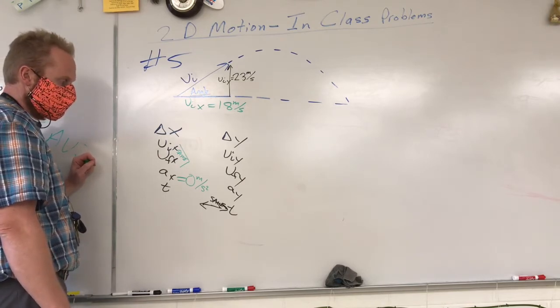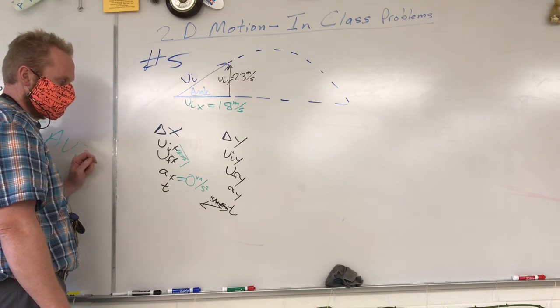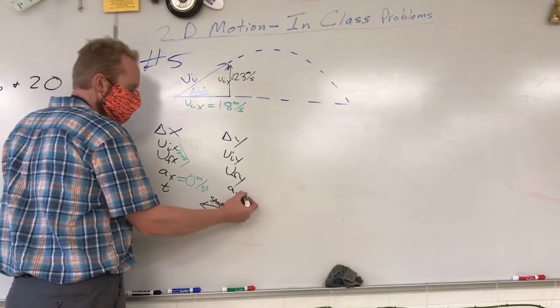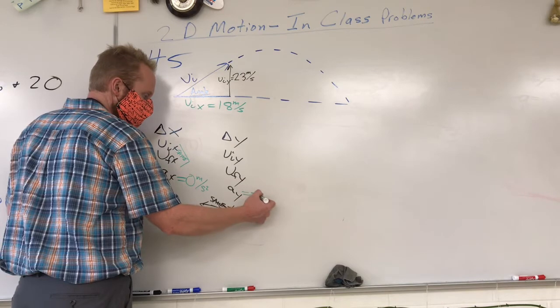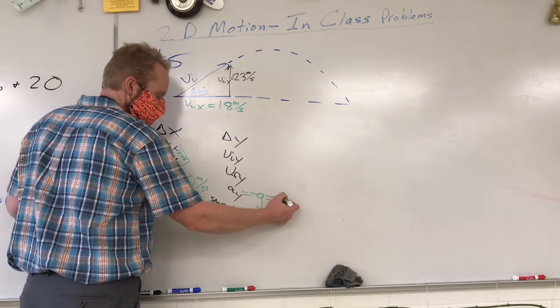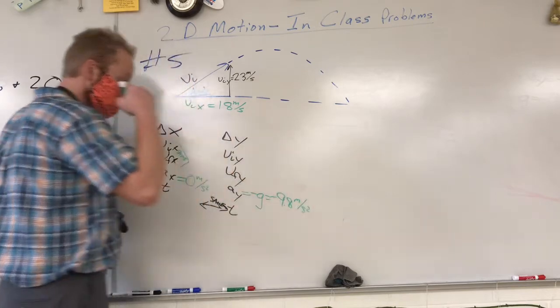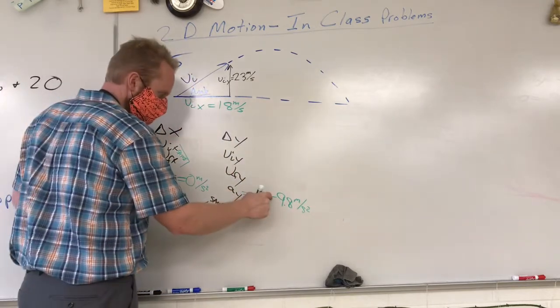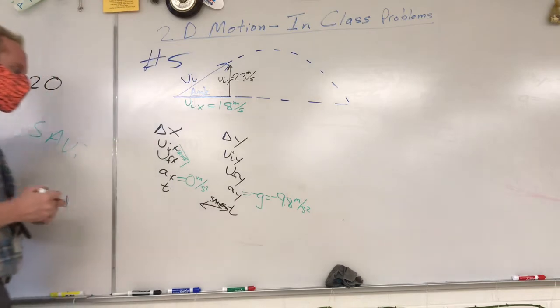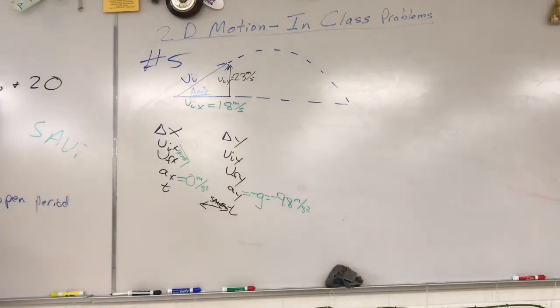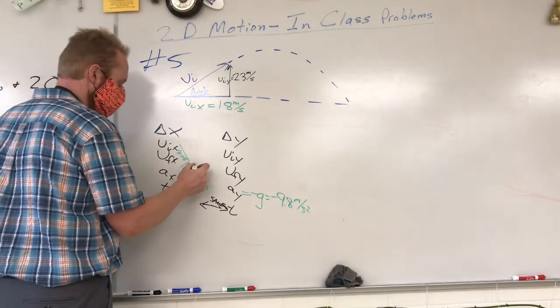Also, because it's a projectile motion problem, my AY is equal to negative g, which, because we're on Earth, unless very specifically told otherwise, is negative 9.8 meters per second squared. Projectile motion, green marker.